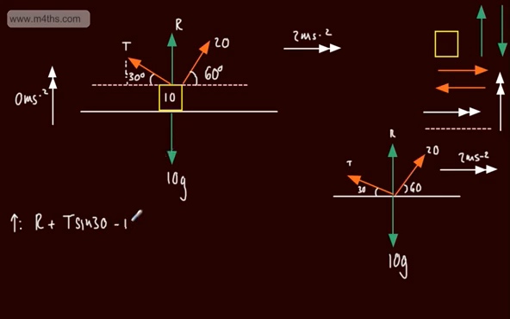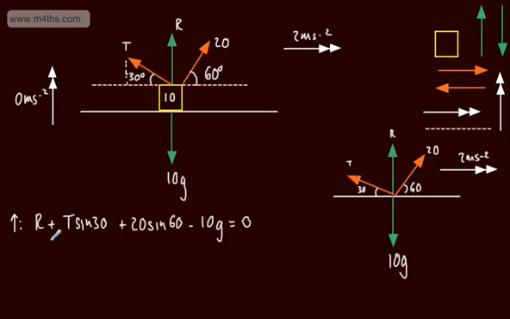So minus the 10G plus, and I think in fact I'll write the pluses first, it's just better convention to do this. Plus 20 sine of 60 degrees minus 10G will be equal to the mass times acceleration, which is going to be 0.